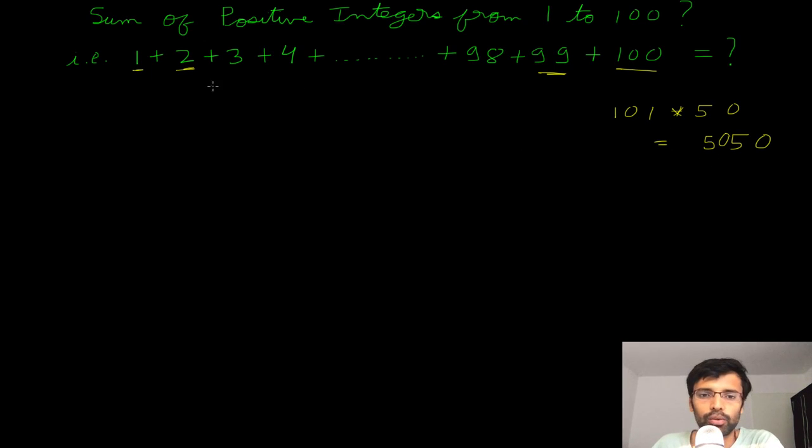Apparently this is a story of one of the most famous mathematicians and physicists, called Gauss. You will hear his name many times when you study physics, maths, and almost everywhere. He was a 10-year-old kid when his teacher gave him this question to solve.